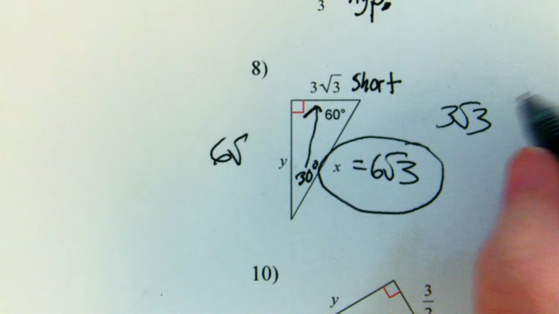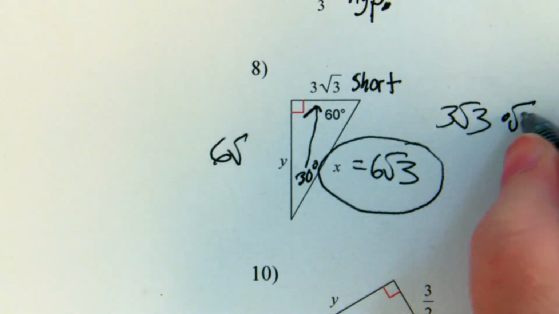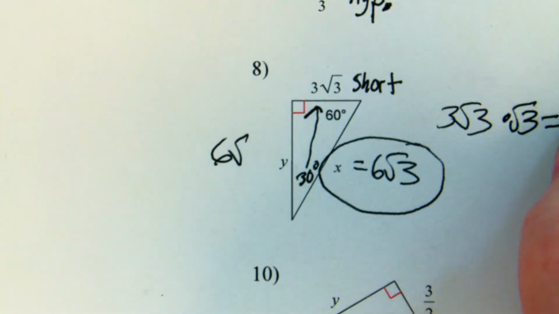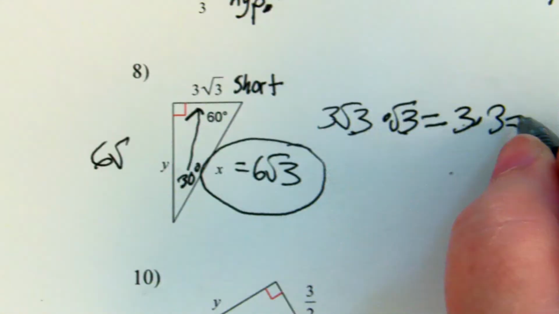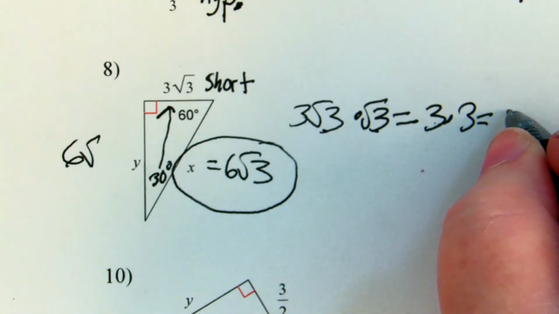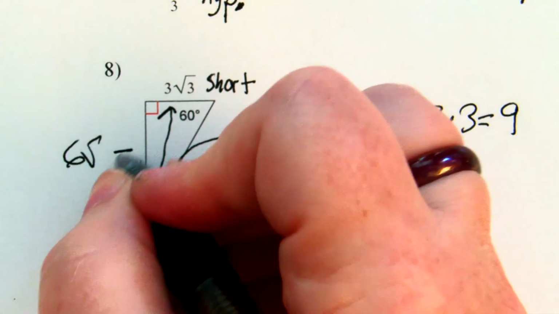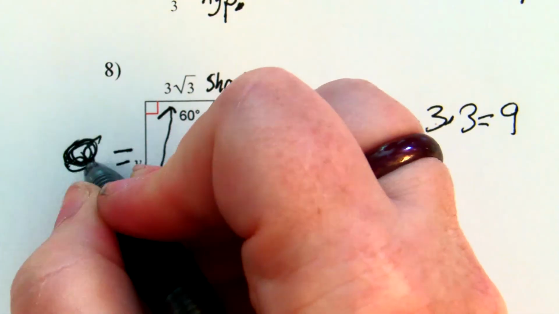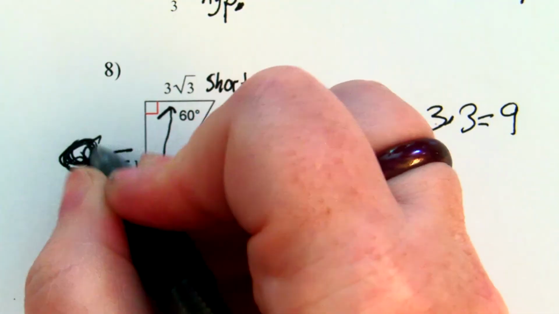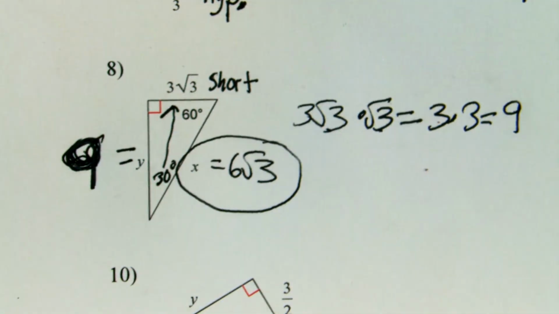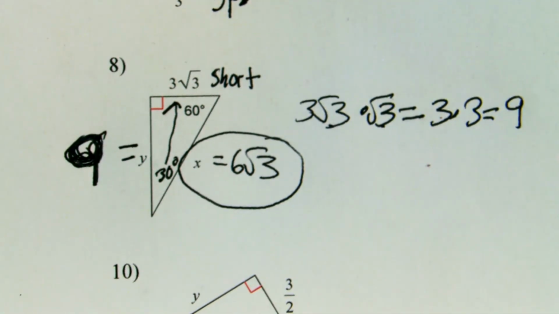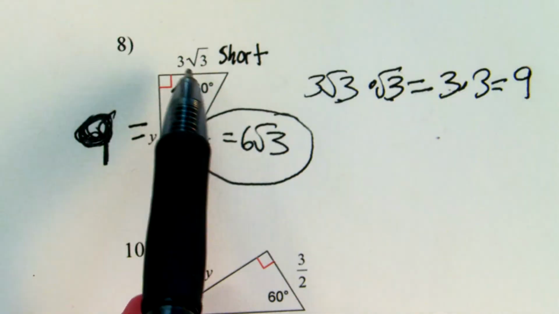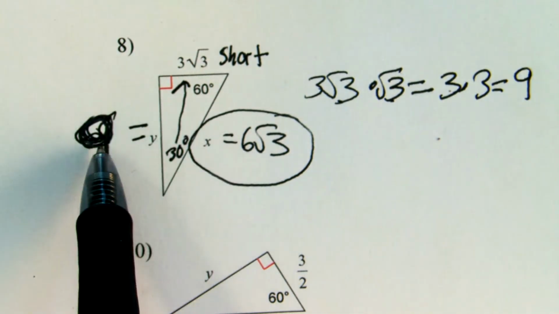So 6 rad 3, and you multiply by rad 3 to find out the long leg. So rad 3 times rad 3 is rad 9, and the square root of 9 is 3. 3 times 3 is 9. So this is 9. X, 2x, x rad 3.